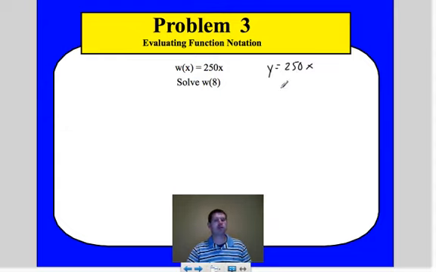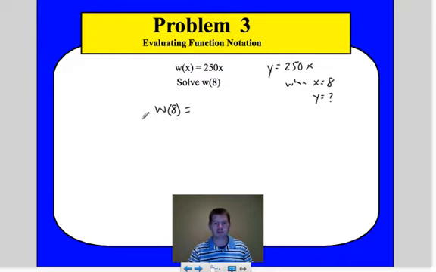So they want us to solve for w of 8, which is basically how much can you read in 8 minutes. So a fancy way of saying this is that it's just giving you information. It's basically telling you what to plug in. So up here we would have just said, when x equals 8, tell me what y is. Well, here that's what they're saying.